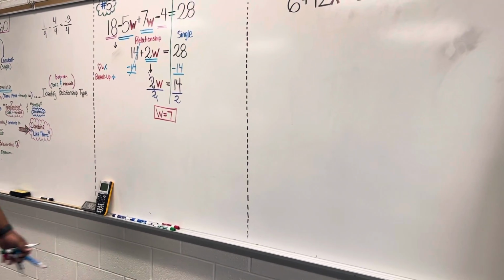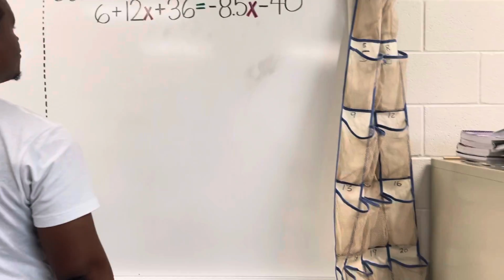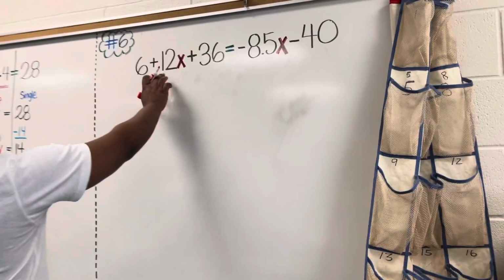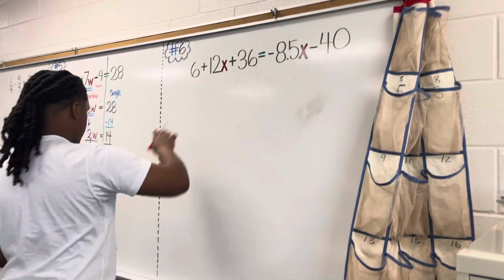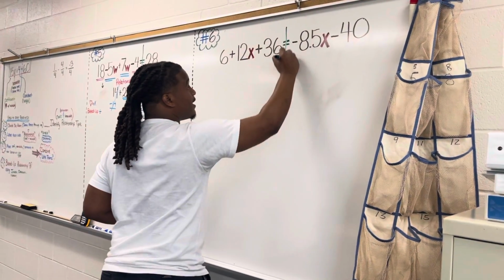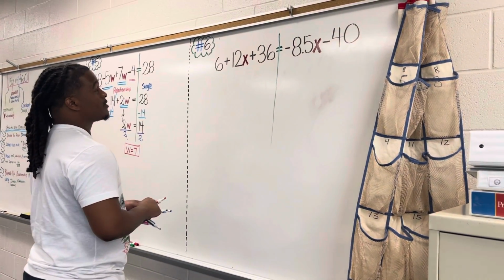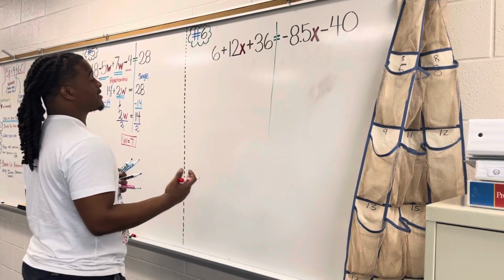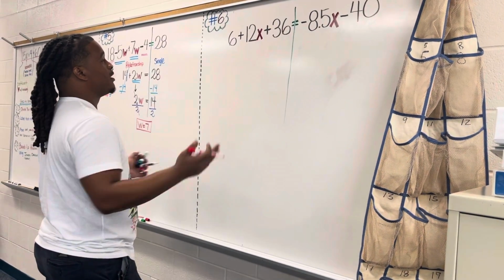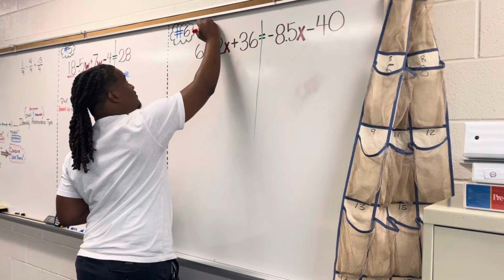We have one more example over here. Same thing. Let's label the sides. I notice I have a relationship on the left side and a relationship on the right side. 12x is in a relationship, and negative 8.5 and x are in a relationship. So let's classify one of the sides as relationships, and we know that we're going to have to switch some things around. I'm going to label this side as my relationship side.